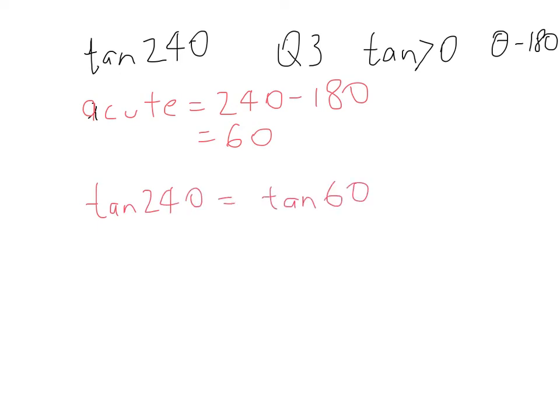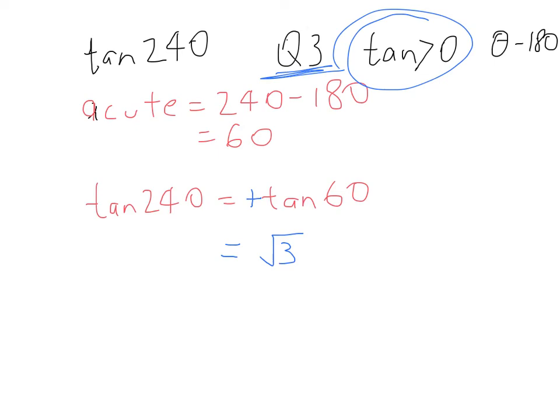Well, again, we've got to check the sign, but of course the tan of 60 we know is positive, and the tan of 240 is also positive. And why's that? Because we know that in quadrant 3, tan is positive, all stations to central. Well, that means the tan of 240 is just equal to the tan of 60, which is root 3. Again, you can check that in your calculator if you would like.